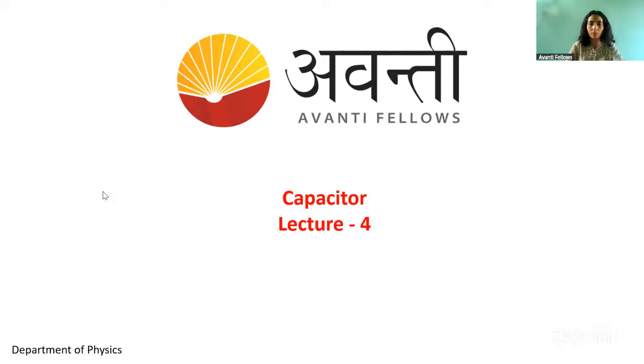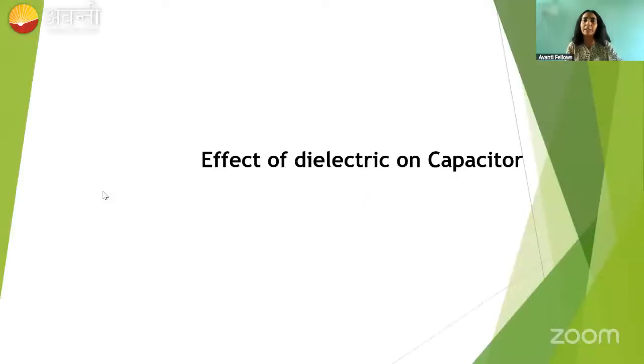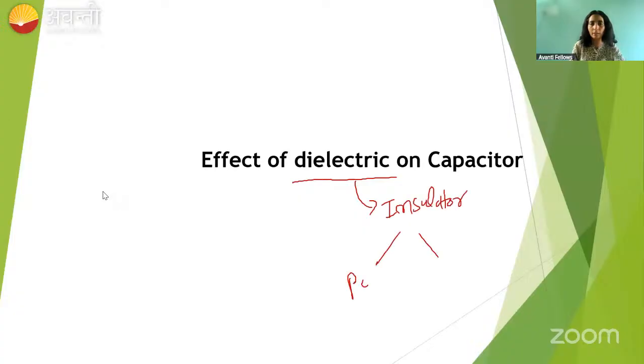ठीक है चलो let's start with this. So कल के क्लास में हमने क्या पढ़ा था? We talked about dielectric. So dielectric was basically an insulator, है ना? And there were two types of dielectrics, one polar, another non-polar.